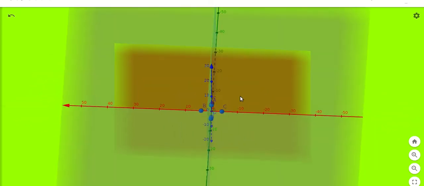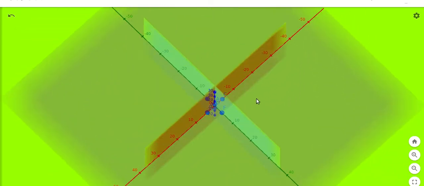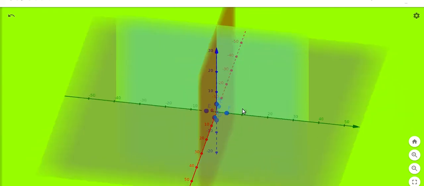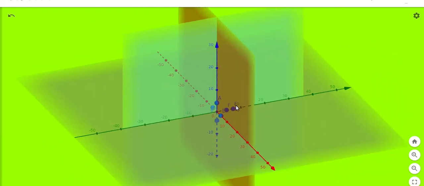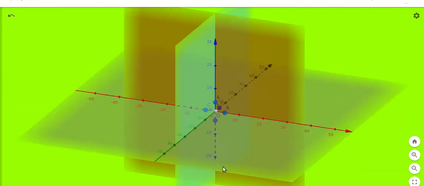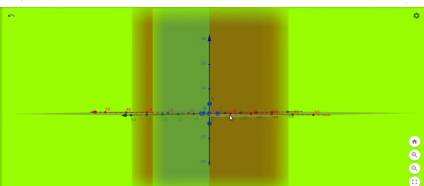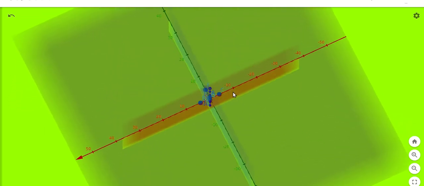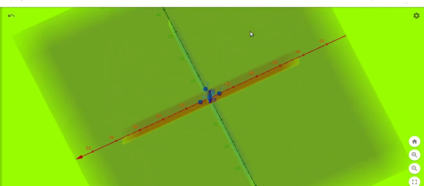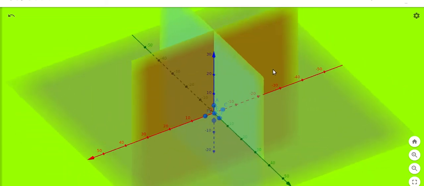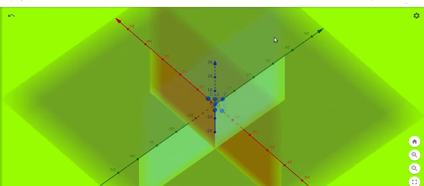So look, how many quadrants are there? This is the first quadrant, second, third, fourth. Exactly on the other part we can see another 4 quadrants. That means a total of 8, as we can see from here.